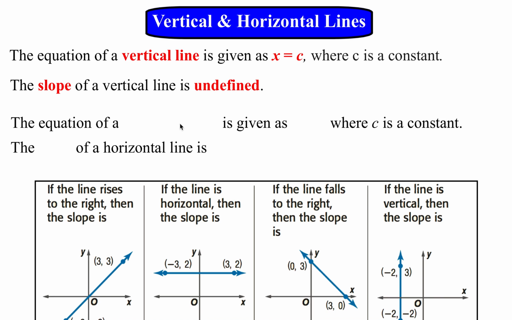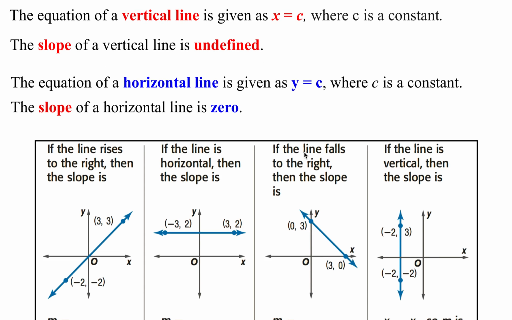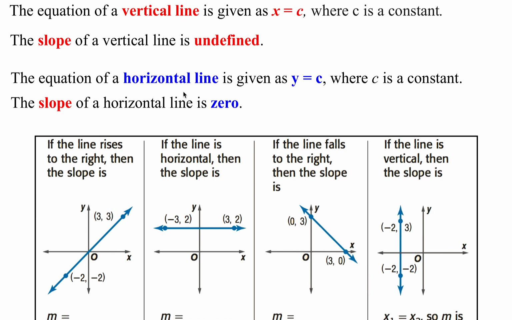The equation of a horizontal line is given as y equals a number, y equals a constant, where the slope of a horizontal line is 0. So you will need to know those 2 facts right there. You'll see those appear over and over again. Vertical line is an undefined slope, and I want you to say undefined, not no slope. I want you to say undefined slope. And a horizontal line has a 0 slope.